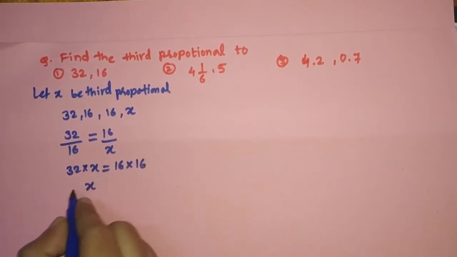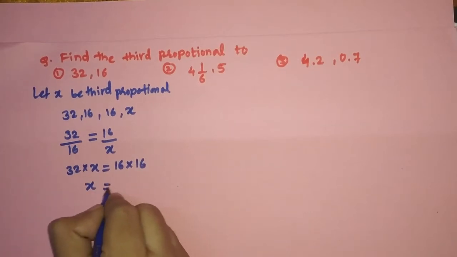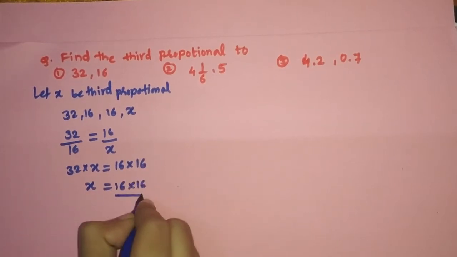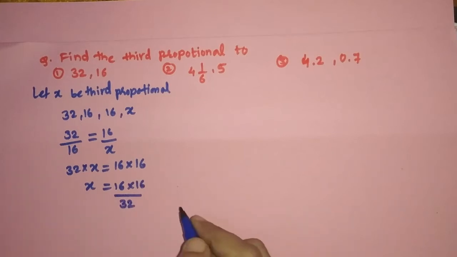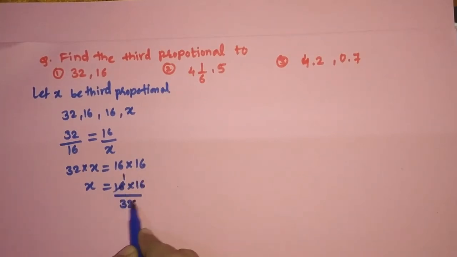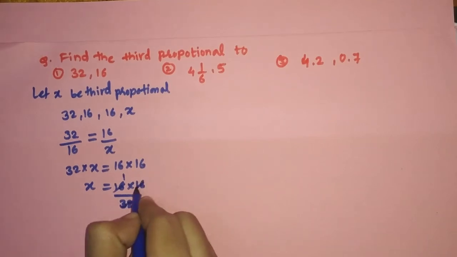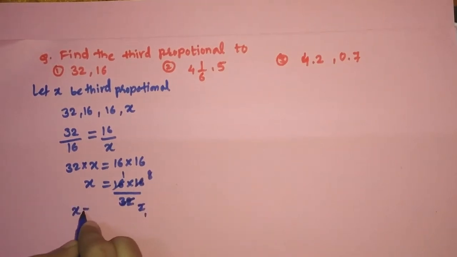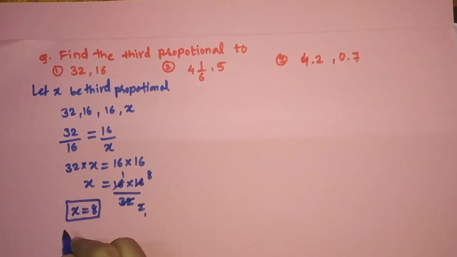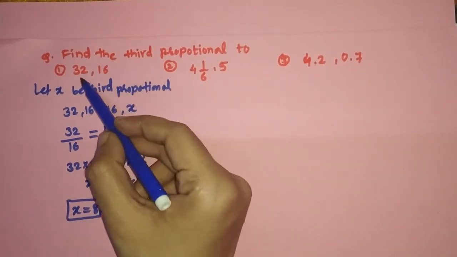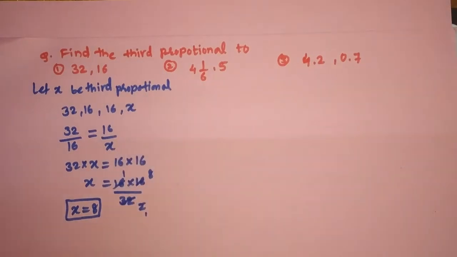So now friends, solve this equation. 32 will go in the division here. 16 multiplied by 16 over 32. 16 ones are 16 friends, 16 twos are 32. You can go for 2 8s are 16. So here x is what? 8. So this x is 8, and which is a third proportional to 32 and 16.